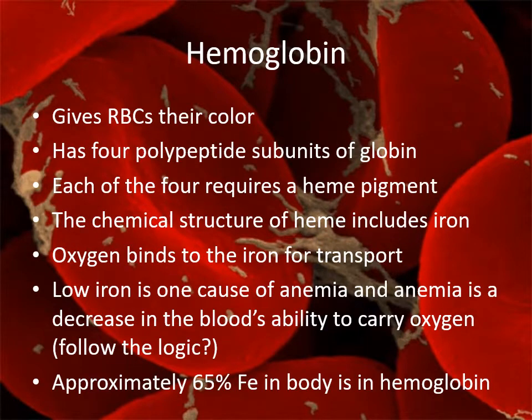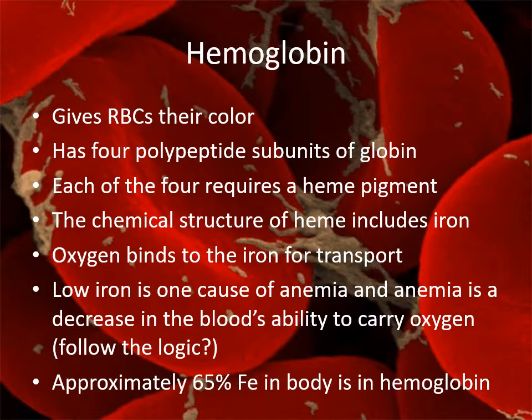Since hemoglobin is what carries the oxygen through the blood, and oxygen is a big important factor in your survival, let's talk a little bit about hemoglobin. So hemoglobin gives red blood cells their color. Each hemoglobin protein is made up of 4 polypeptide chains, so 4 subunits. Each one of those 4 subunits requires a heme pigment.